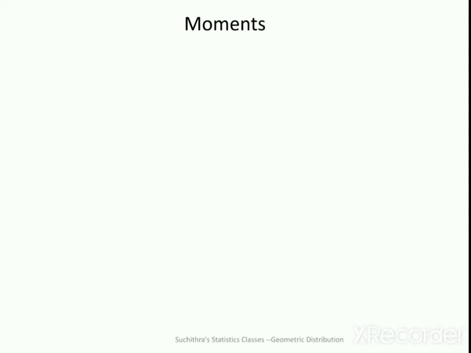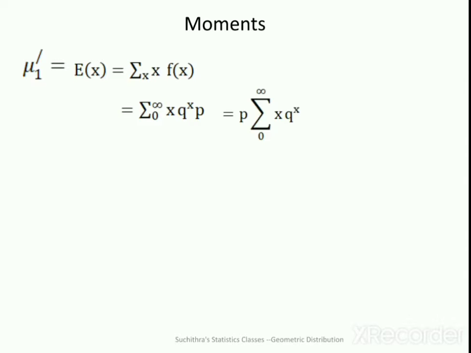Now let us discuss the moments. Mu 1 dash, the first order raw moment, is equal to E of x, which is the summation from 0 to infinity of x times q raised to x times p, since f(x) is q raised to x times p and the range of x is from 0 to infinity.